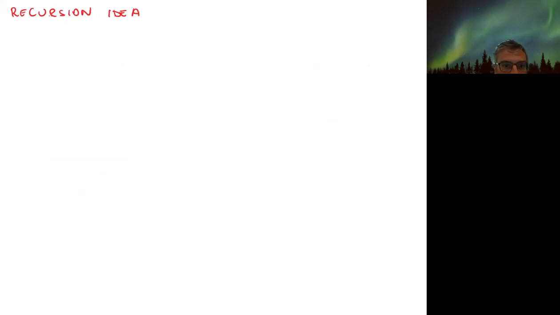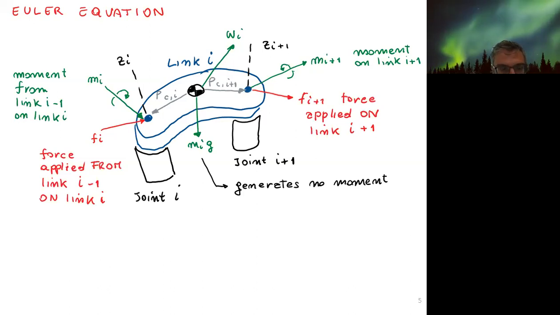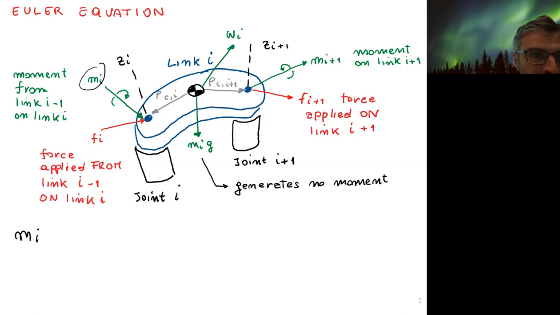Now, we can put everything together, and we need to understand what the moments are that are applied on the body. So we have a pure torque, a pure moment, transmitted from link I-1 on link I. We have the moment that link I exerts on link I+1, which will need to be accounted with the minus term.